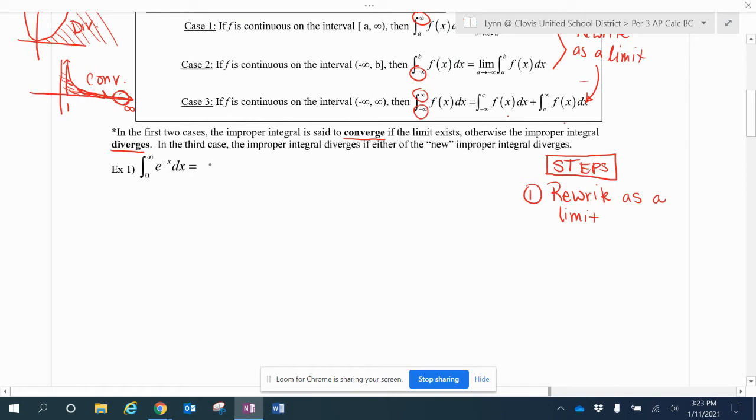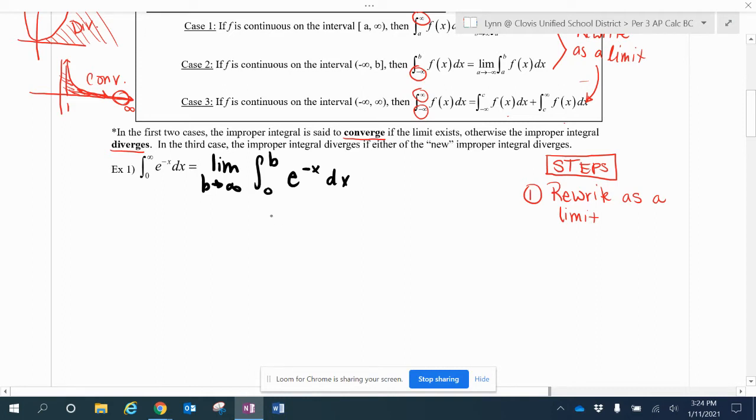So I'm going to take the limit, and instead of infinity, I'm going to use the letter b, as b approaches infinity. You really can use any letter you want; I'm just using b.